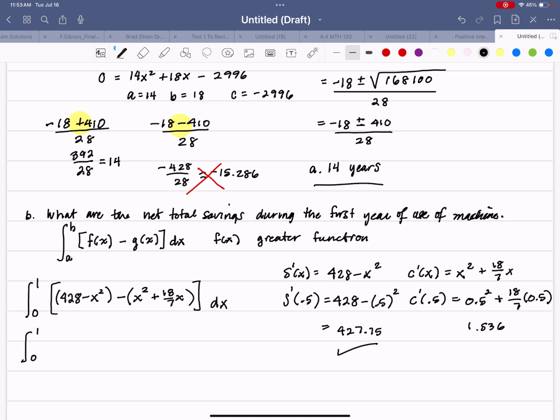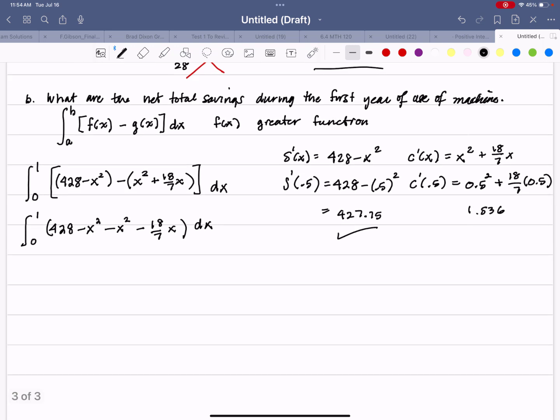And I'm just going to go ahead and simplify everything in here. 428 minus x squared minus x squared minus 18 over 7x dx. And then combine like terms. 428 minus 2x squared minus 18 over 7x dx. I'm ready to take the integral of this.